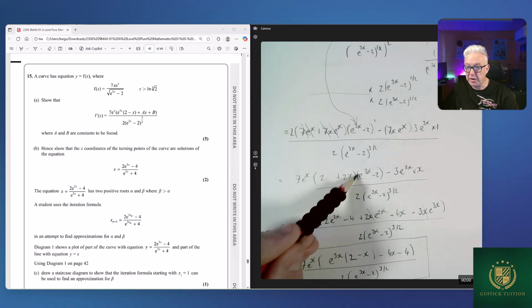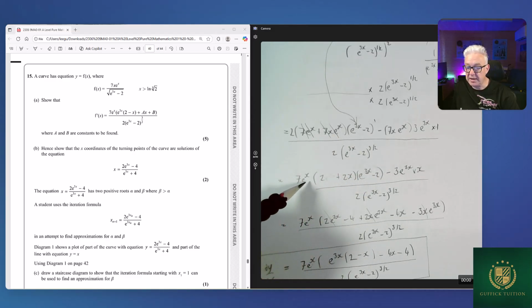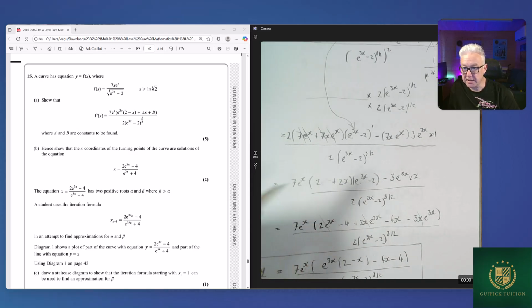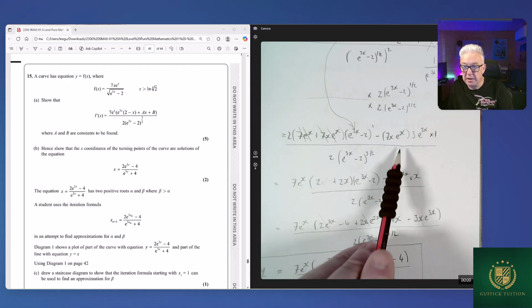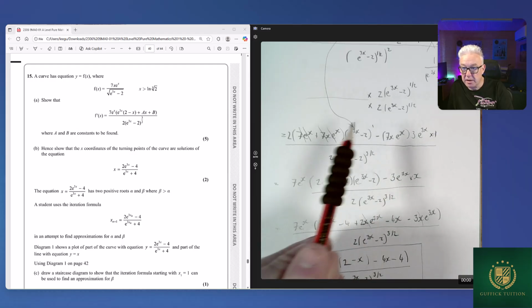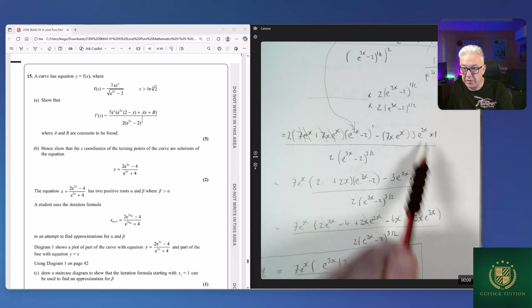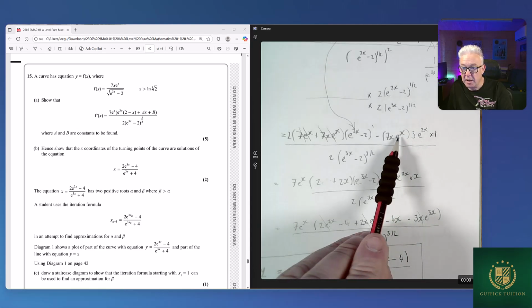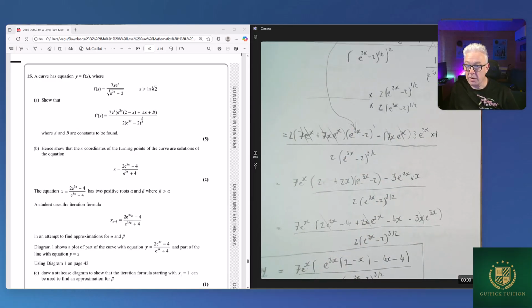You don't need to do anything out of this because this is all times together. You only need to take 7e to the x out of one of the brackets, so that stays as it is. The 7e to the x comes out of this, leaving us just with the x and the 3e to the 3x, because the 7 and e to the x has come out. Okay, so that's good.